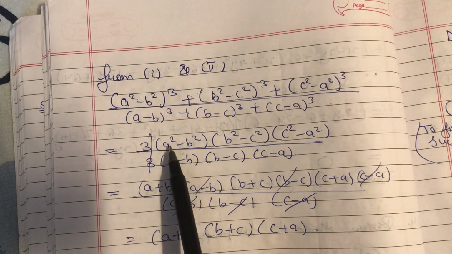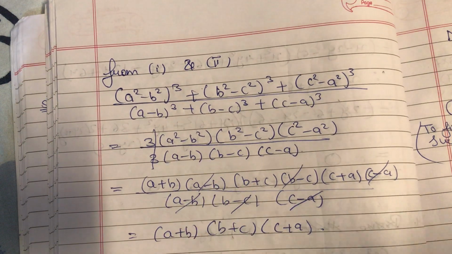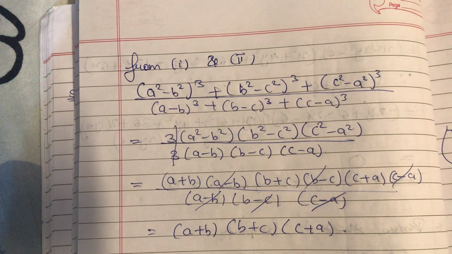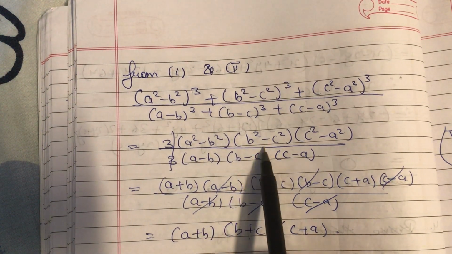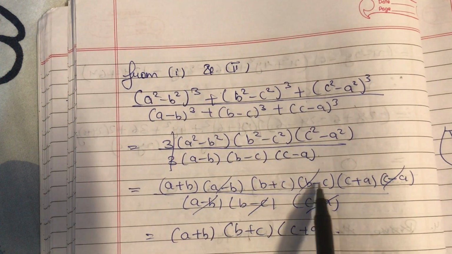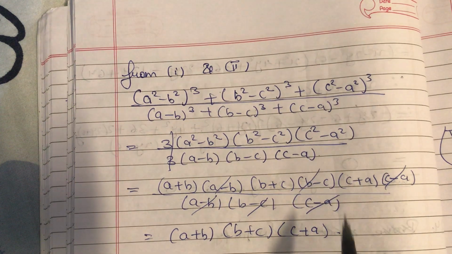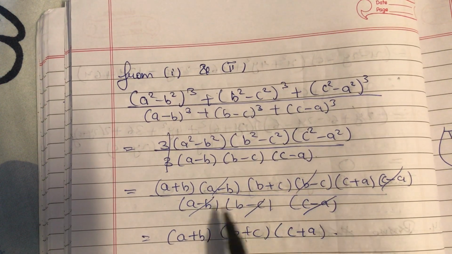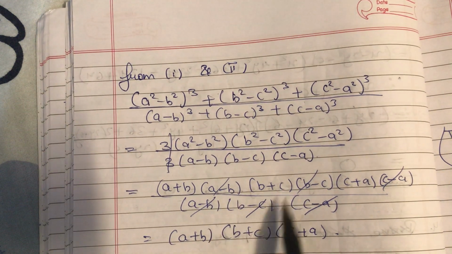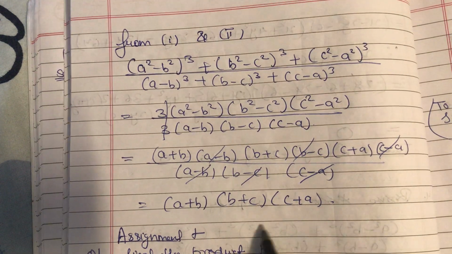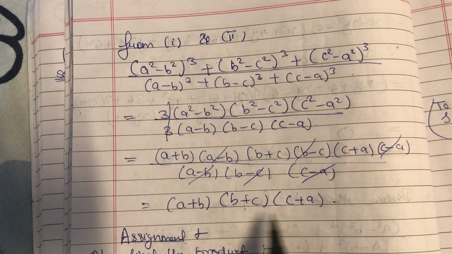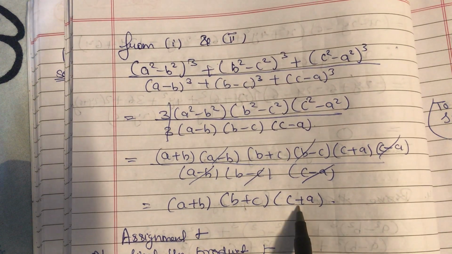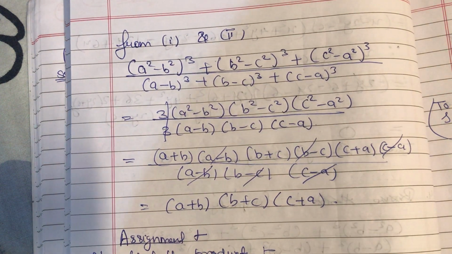Now further, a square minus b square can be written as a plus b into a minus b, b square minus c square can be written as b plus c into b minus c, and c square minus a square can be written as c plus a into c minus a. So we can cancel these terms from the denominator. What is the left out term? These are the left out terms: a plus b, b plus c, c plus a, which is the required answer.